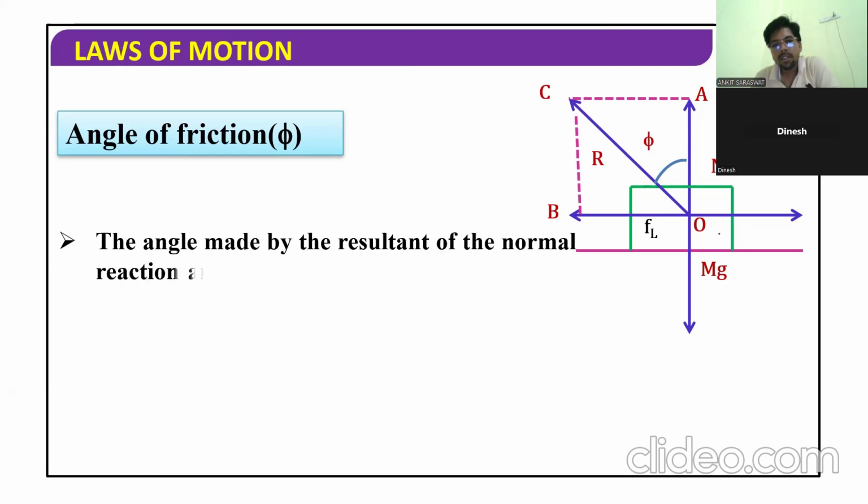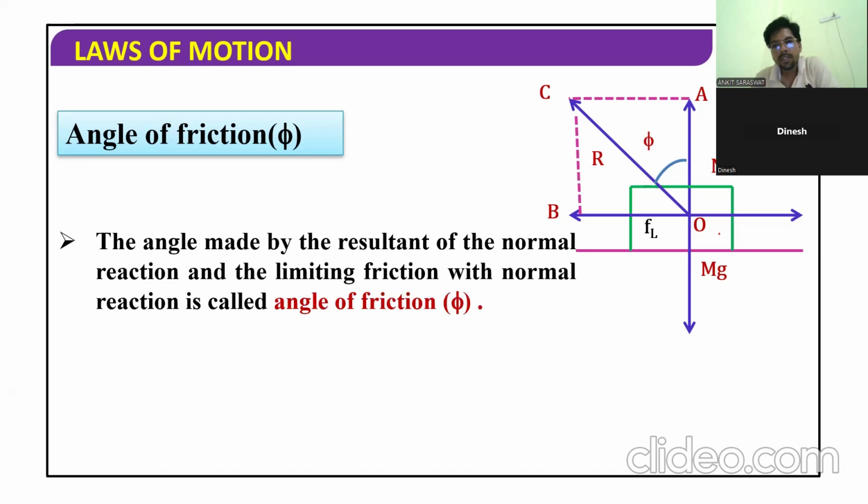The angle made by the resultant of the normal reaction and the limiting friction with the normal is called the angle of friction. Simply, R is the resultant of FL and normal. FL is this, and this is the normal.